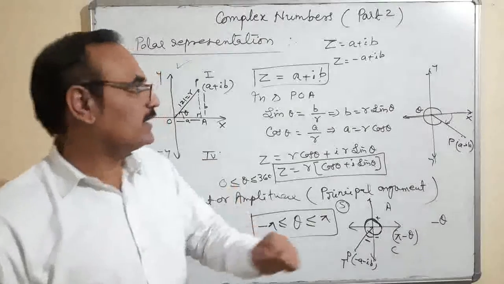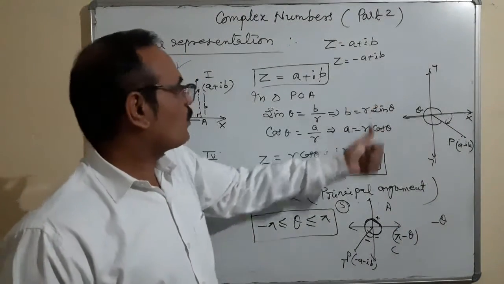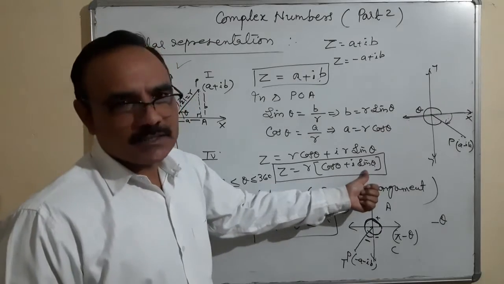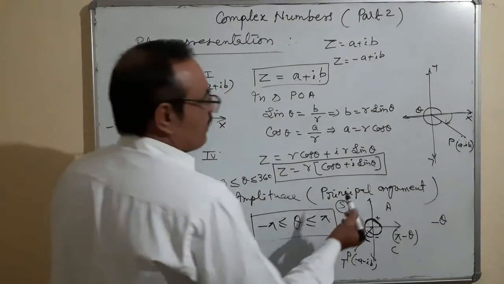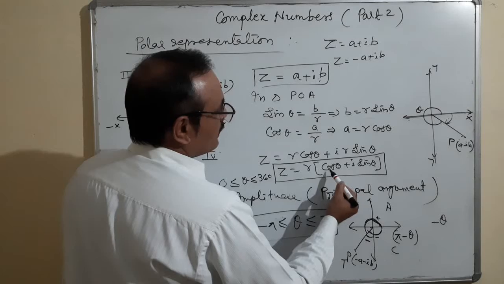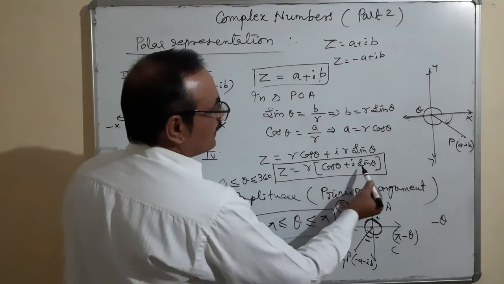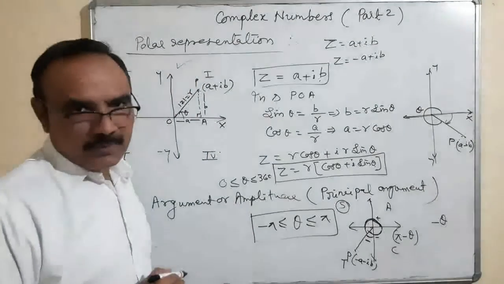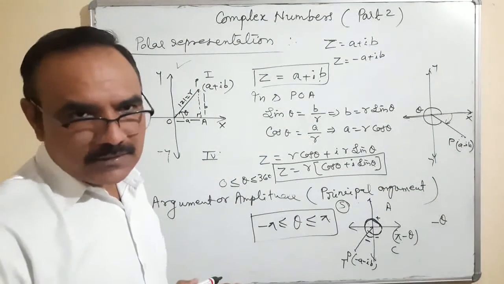So it is cos theta plus i sin theta, where the real part is negative and the imaginary part is positive, so it lies in the second quadrant.